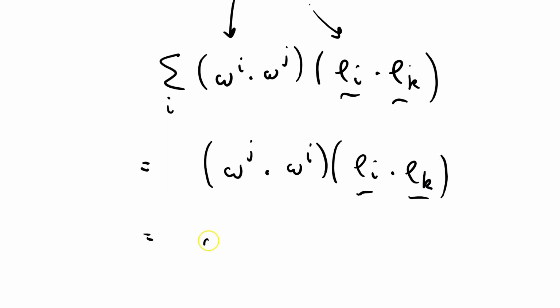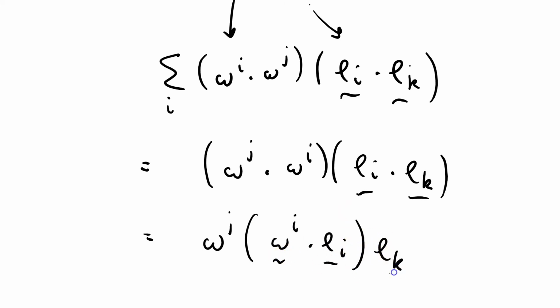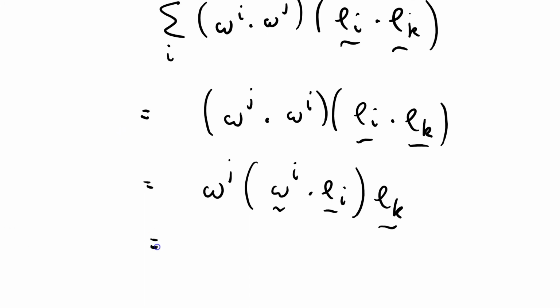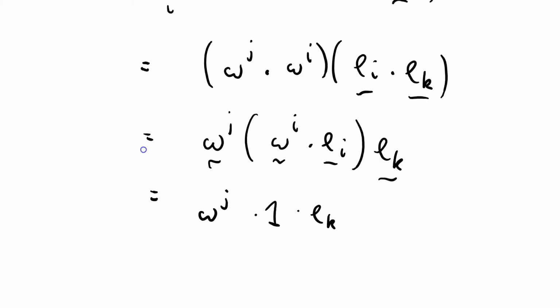And then I'm going to bracket it slightly differently: omega j dot the term in brackets, omega i dot ei, that's just one, times ek, that's a vector. So that equals omega j dot ek, which equals delta jk, as it should.